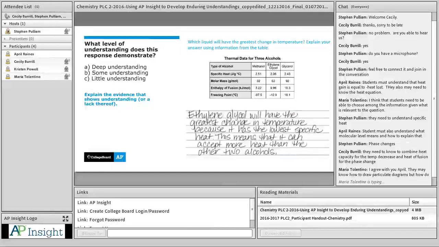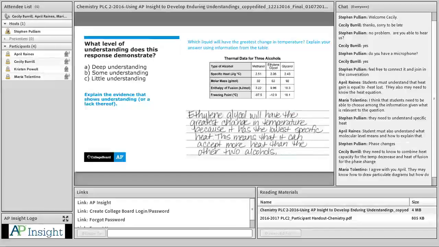Let me back up for a second. We have on the screen a student response that says ethylene glycol will have the greatest change in temperature because it has the lowest specific heat. This means that it can accept more heat than the other alcohols. The first sentence is true, the second sentence is not, I think. What are you thinking?